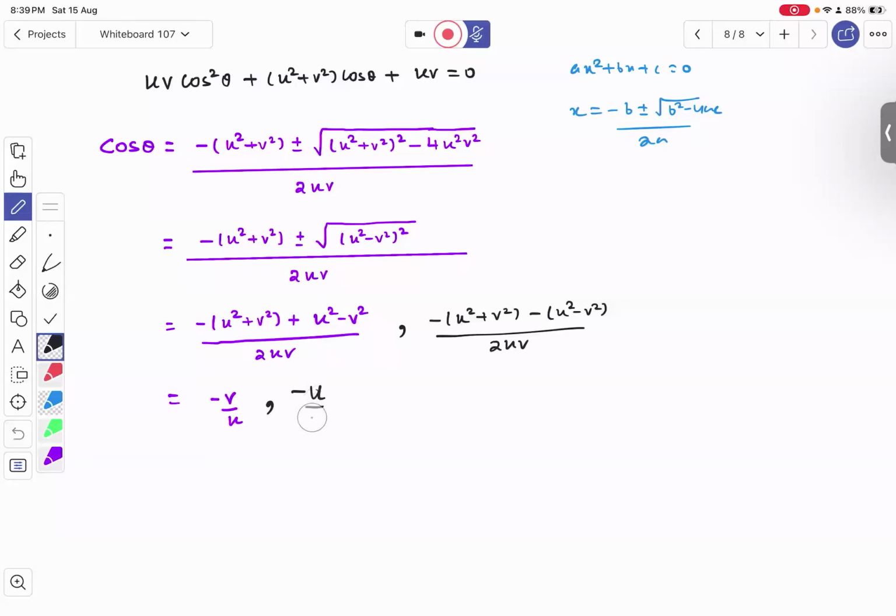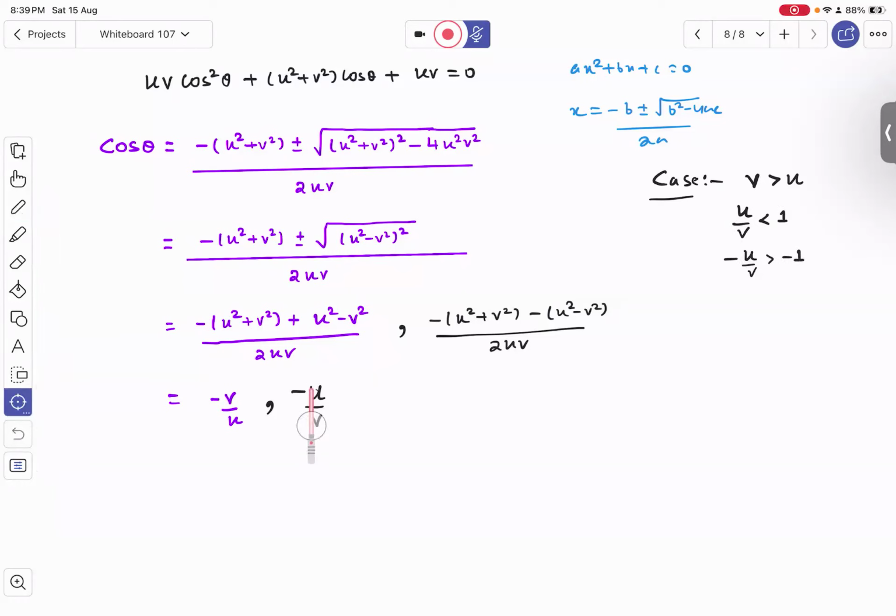Which root will be possible? Suppose I give you the case that we knew already: when V is more than U. In that case, U by V will be less than 1. So minus of U by V will be more than minus 1, no?